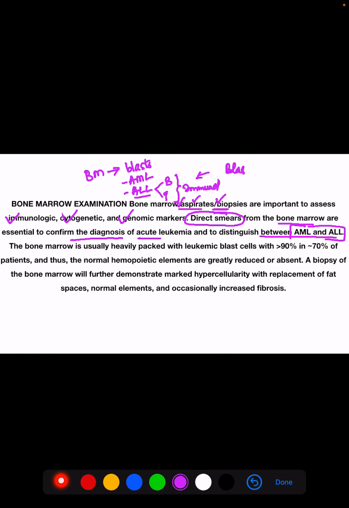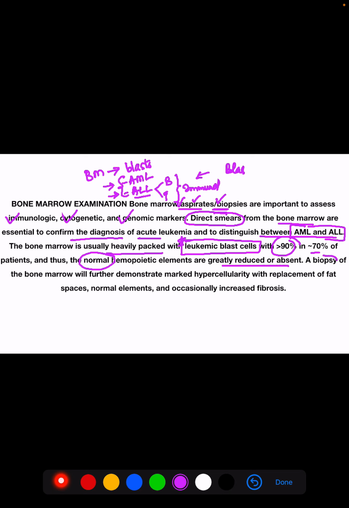The bone marrow is usually heavily packed with leukemic blast cells. We can see blast cells in greater than 90% in 70% of the patients. Because leukemic blast cells are increased in the bone marrow, the normal hematopoietic cells are greatly reduced or absent.